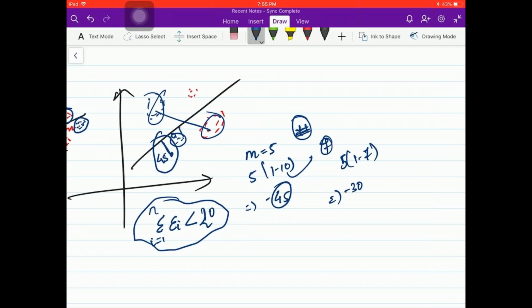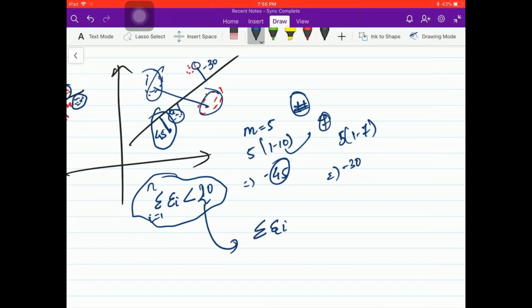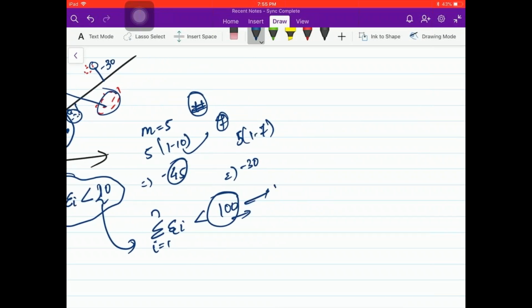A point, let's say here, which is on the wrong side of the line, at a distance of 30 on the wrong side of the line, can be taken into consideration. So this is the leverage you want. So total error should be less than a particular value. This value is user fed.